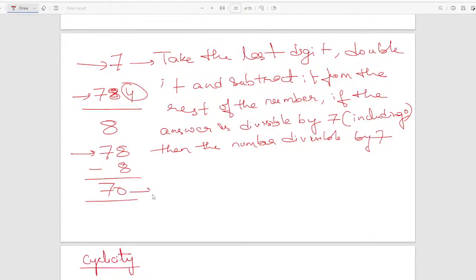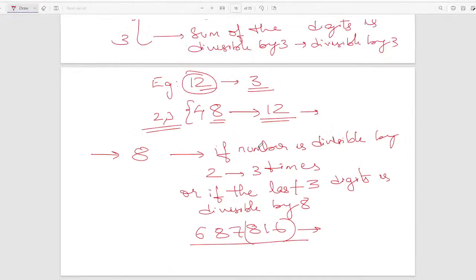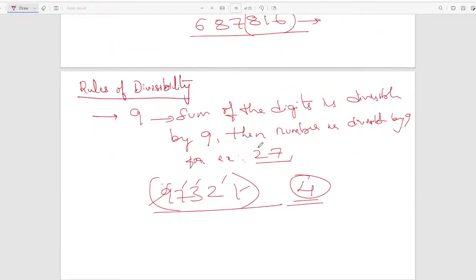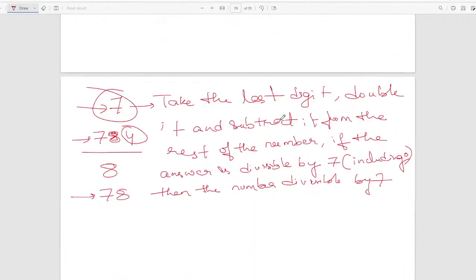This number is divisible by 7. Hence, this number is divisible by 7. After this, we have 10 and 11. Just erase this.